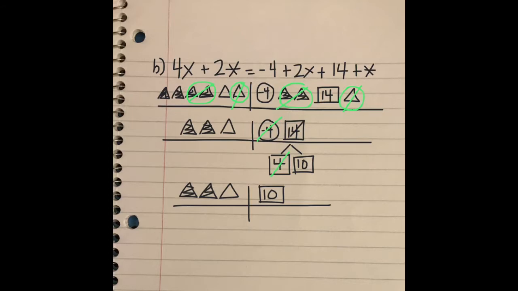Oh my goodness, I missed that there was a zero pair on this side. So it looks like very easily I've got x equals 10 and star equals -10.